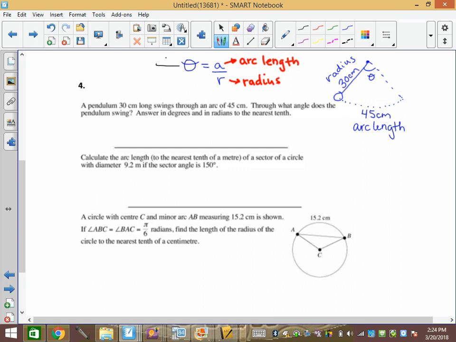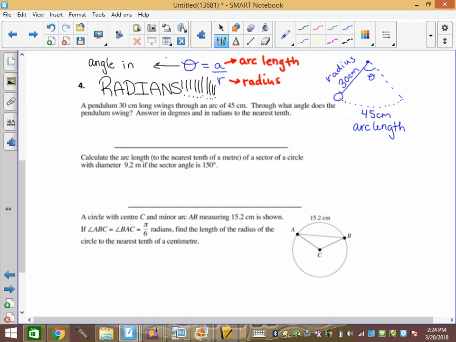And this is your angle in radians. Okay. So it has to be in radians or you can't use the formula.